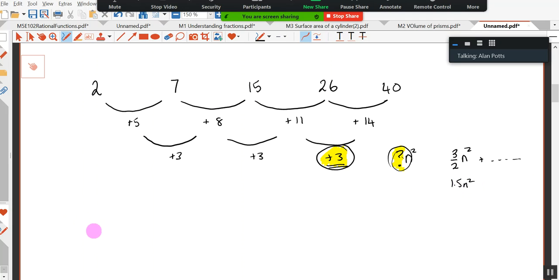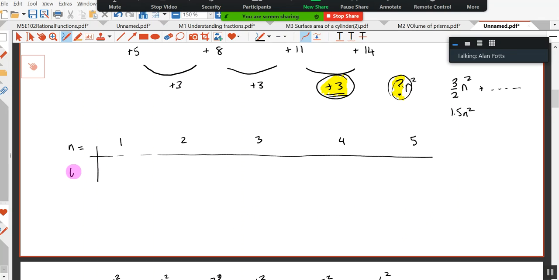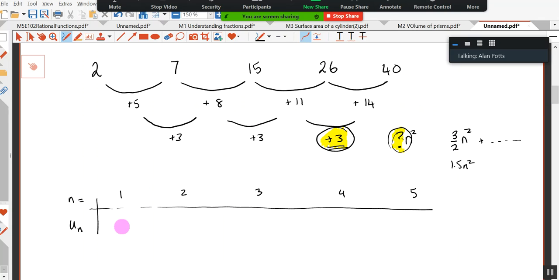We write down a little table, okay, when n is 1, 2, 3, 4, 5. Okay. We know that un is, in this case, 2, 7, 15, 26, 40.